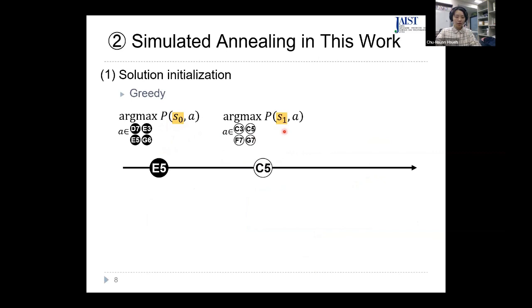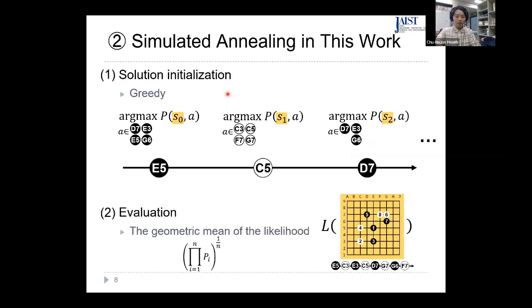At this position, we select a white stone with the highest probability and play this move. At the next position, we select one of the remaining black stones, and so on until we use up all of the stones. And actually, we also tried to initialize the solutions randomly, but in our experiment, we found the greedy one is better than the random one.